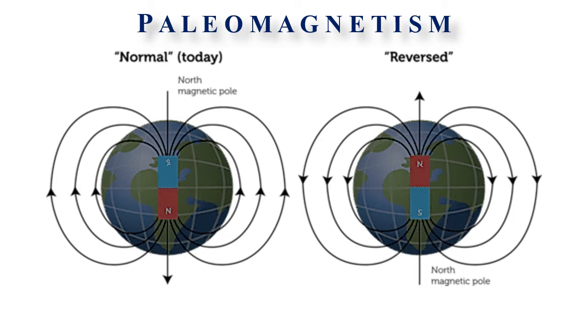Some of the most important evidence came from the study of paleomagnetism, or changes in the Earth's magnetic field over millions of years. The Earth's magnetic field is defined by north and south poles that align generally with the axis of rotation. It is slightly offset from the axis of rotation, currently by roughly 11.2 degrees.